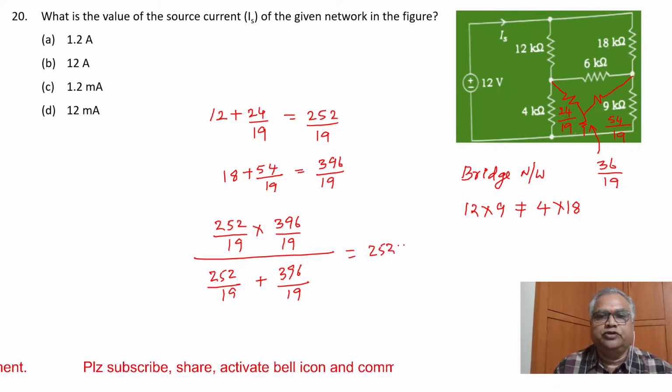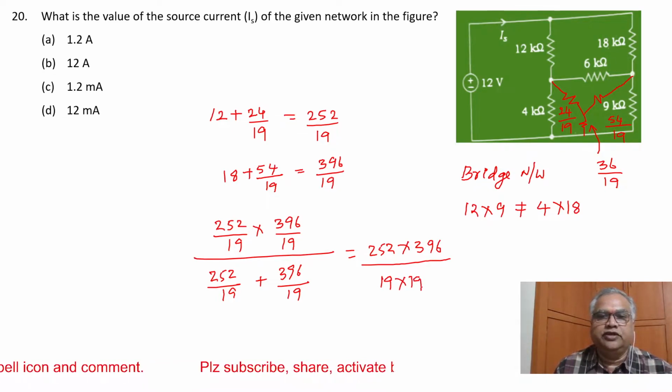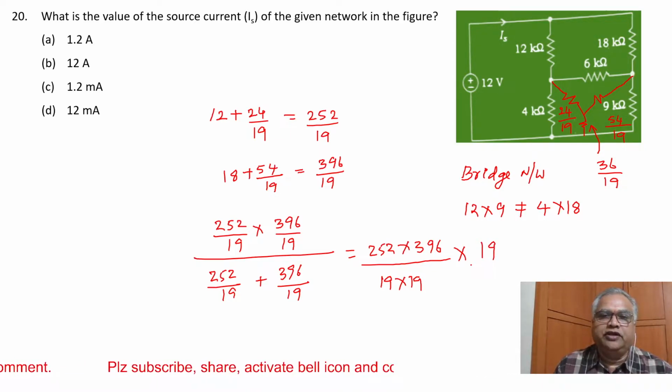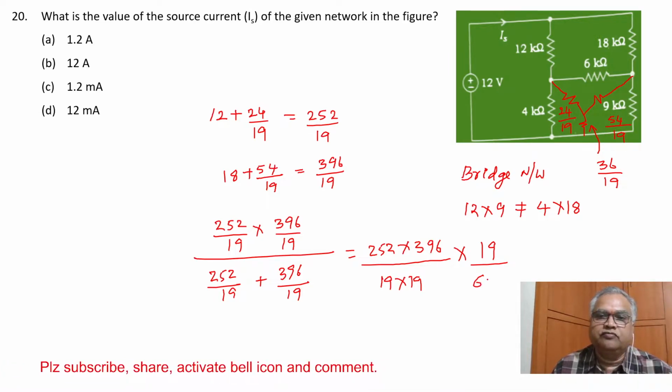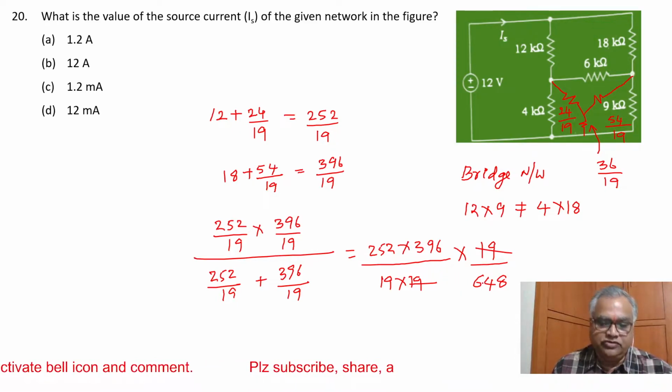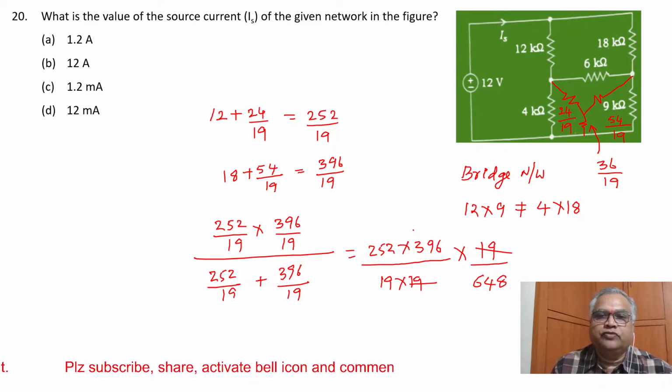So 252 into 396 by 19 square, divided by 19 into 252 plus 396, which is 648. So 19 will cancel. This you have to simplify.